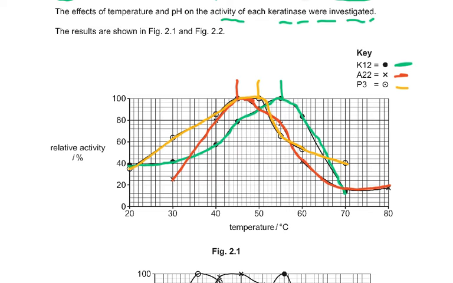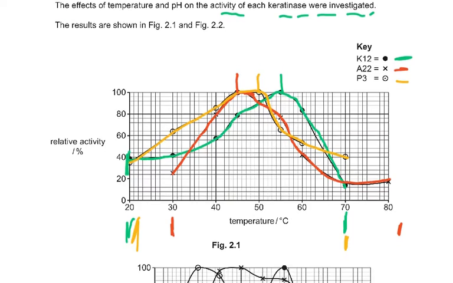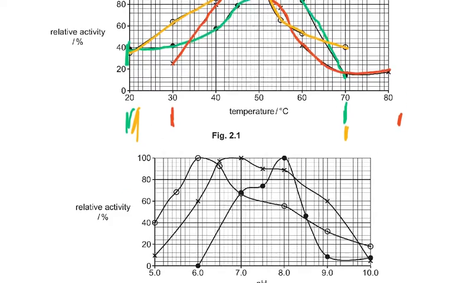The green one works between here and here, so between 20 and 70. The yellow one works from here to here, and the red one works from 30 to 80. So the range is variable. You have a look at it very carefully, think about it, process this information.